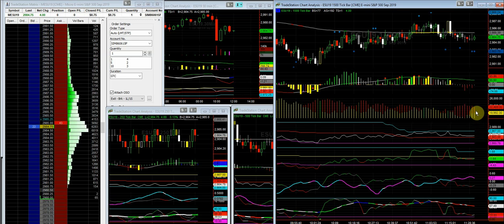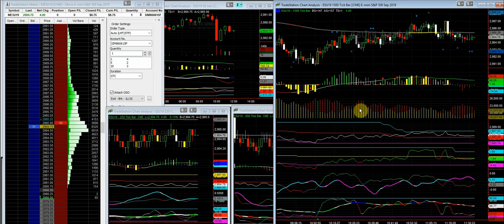And so I would be looking for a dark brown here saying, well, they exhausted to the downside, this move down here. Or I'd be looking for a green bar.